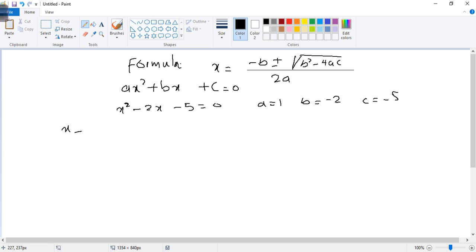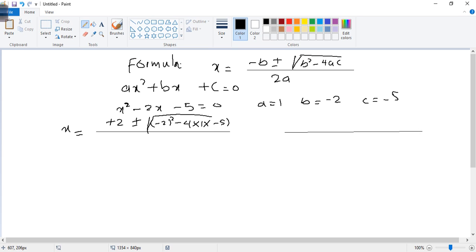It will be x equals minus b, which is minus minus 2, so it will be plus 2, because minus times minus gives us plus, plus or minus the square root of b squared, minus 2 squared, minus 4 times a, 1, times c, minus 5, divided by 2a, which means 2 times 1.